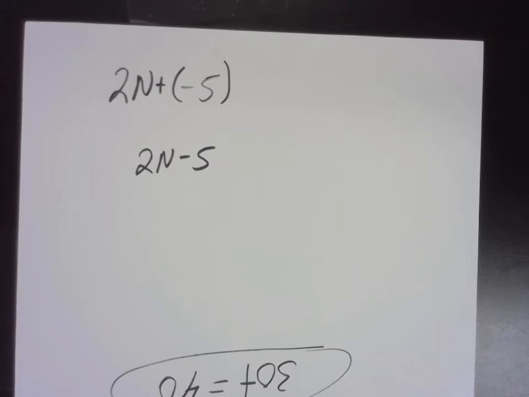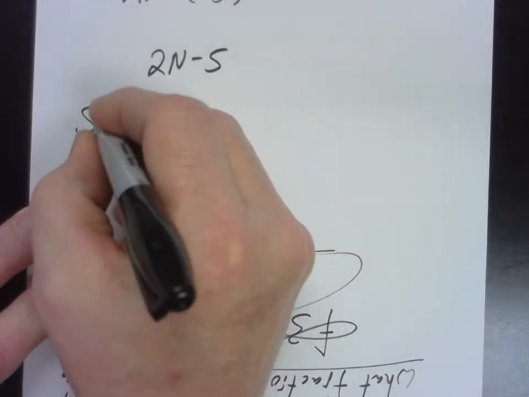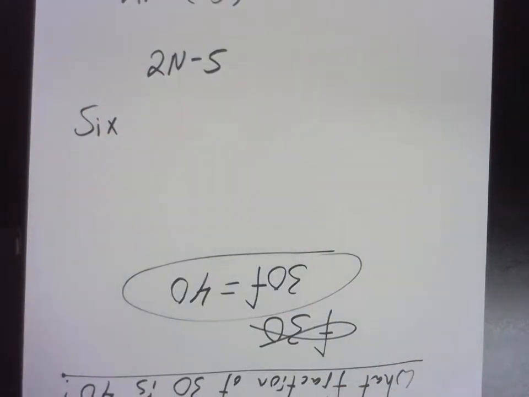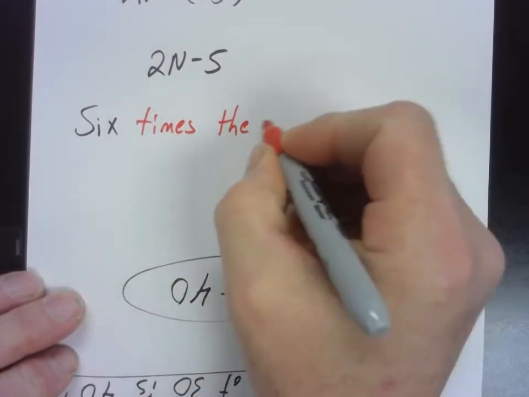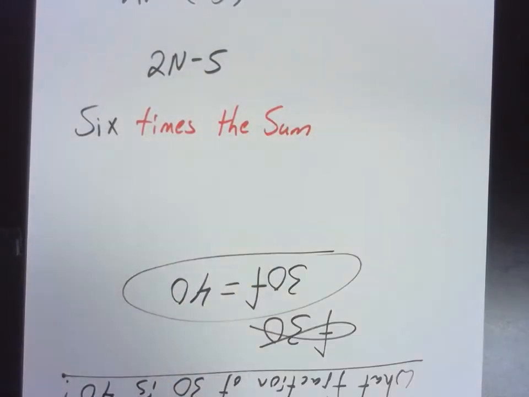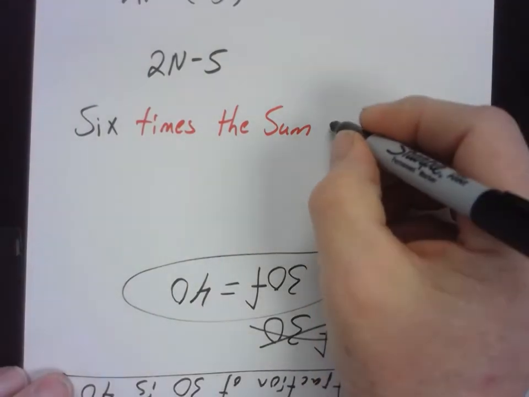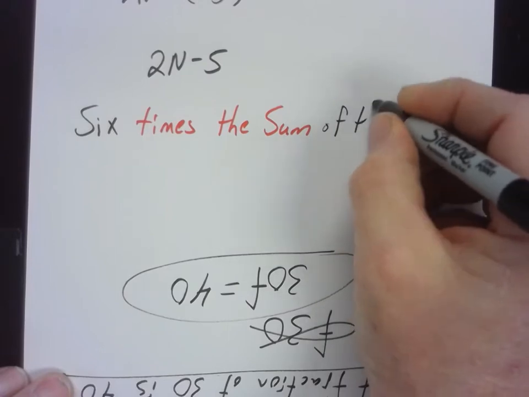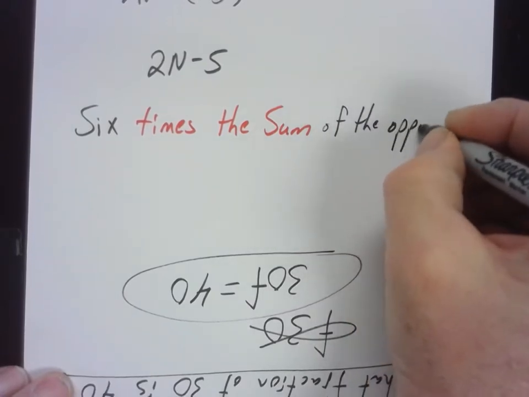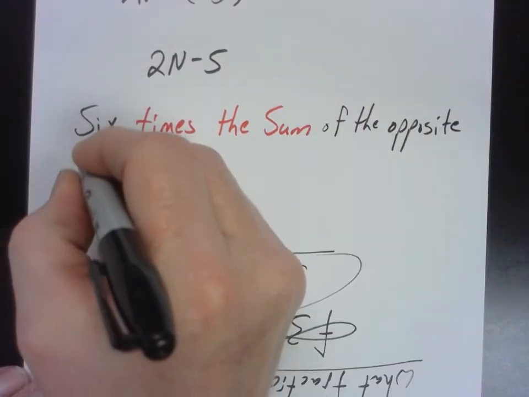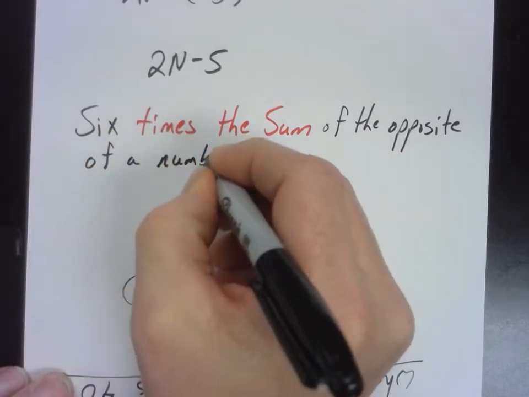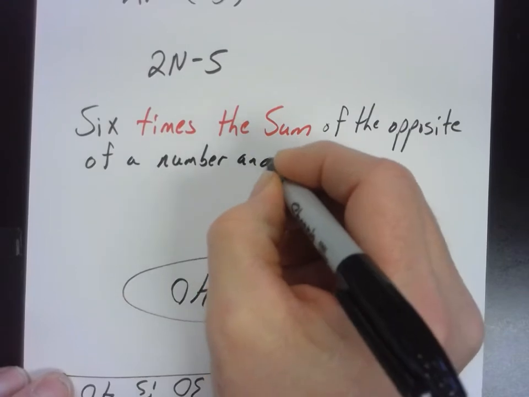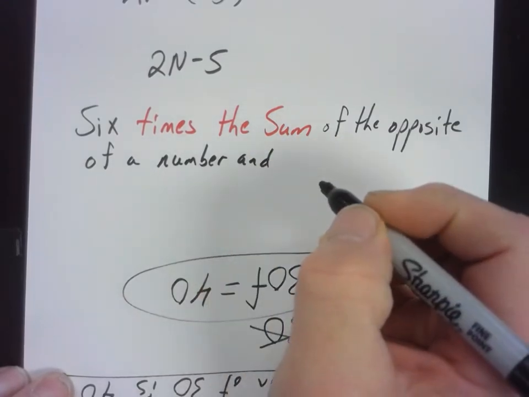See where it says 6 times the sum, and I'm going to put this in red. Six times the sum of the opposite of a number and negative 8 or negative 5.